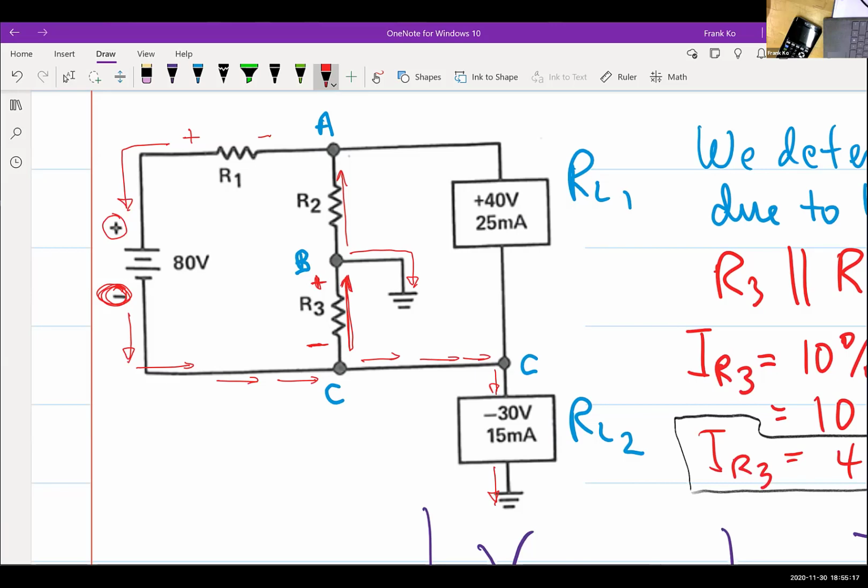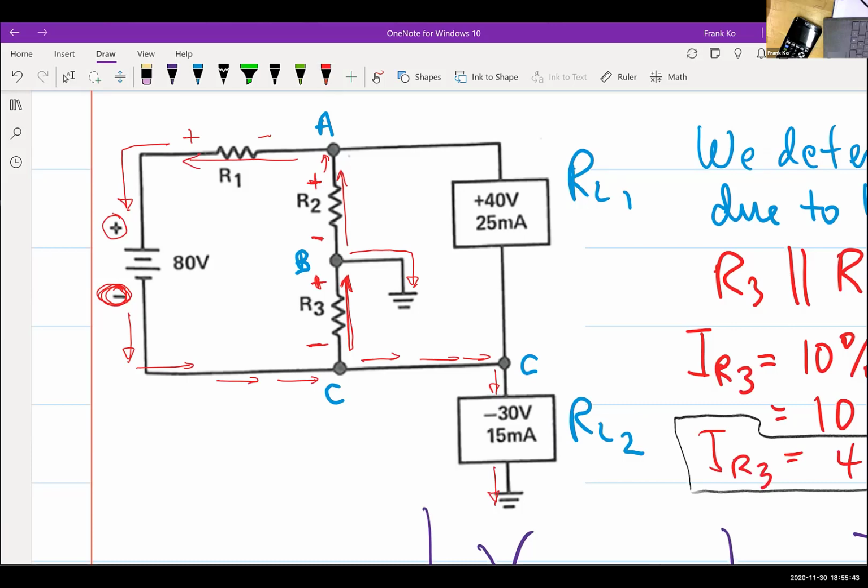Once it hits the node B, then the current will flow up. If you take a look at this side of R2 will be negative, this side of R1 will be positive, because the current, once it hits node A, must continue through R1 to the left.